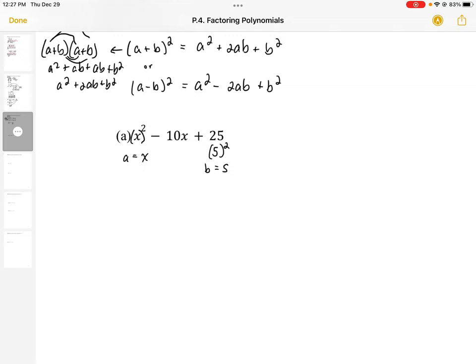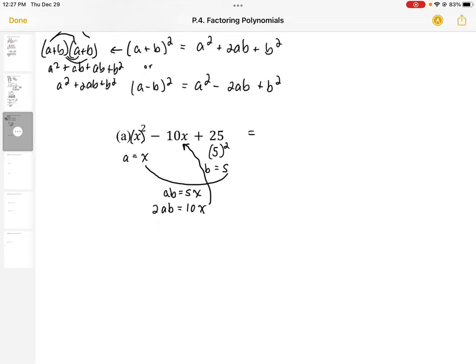And notice if we multiply a times b together, we get 5x. And then if we double that, we get 10x, which is equal to our middle term. That is telling us that we can factor this as a perfect square trinomial.